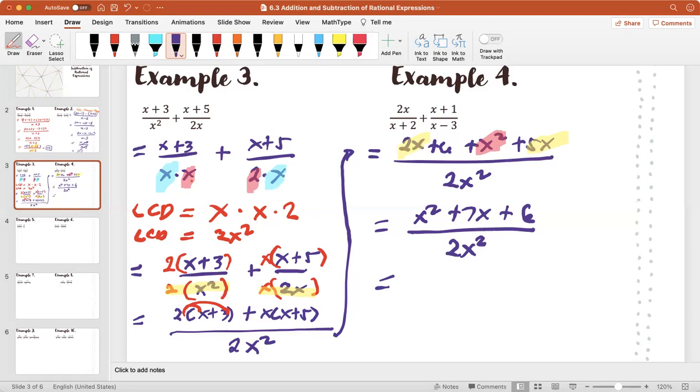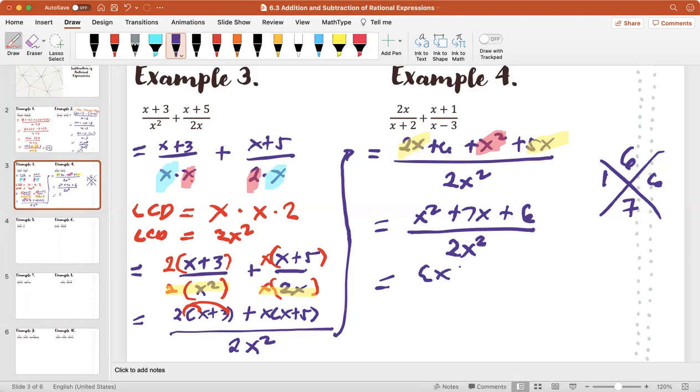Although we cannot cancel anything here now, let's see if we can factor x squared plus 7x plus 6. What are your factors for this? Let's try out. We have a product that is 6, whose sum is 7. Are there factors for 6 whose sum is 7? 1 and 6. Take note that we have the first term as x squared, so factors of x squared are x and x.